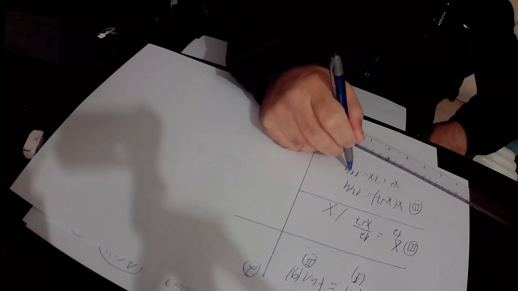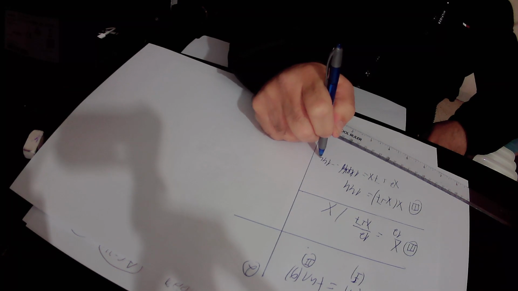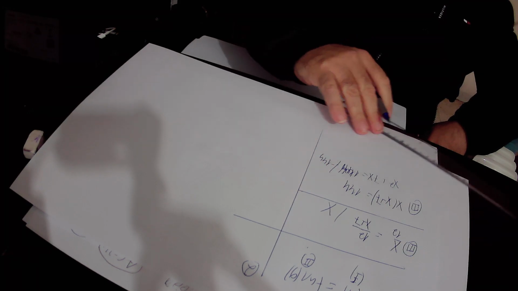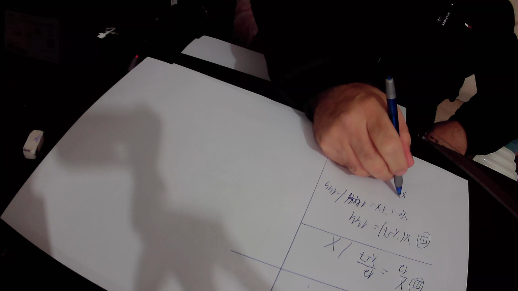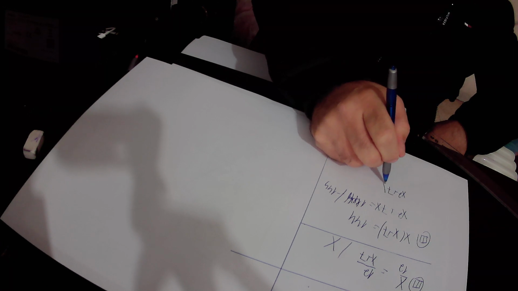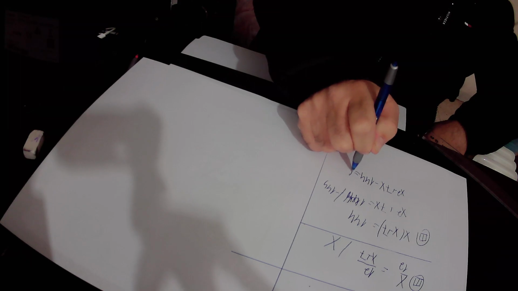We subtract 144 from this equation, and we get that X squared plus 7X minus 144 equals 0.